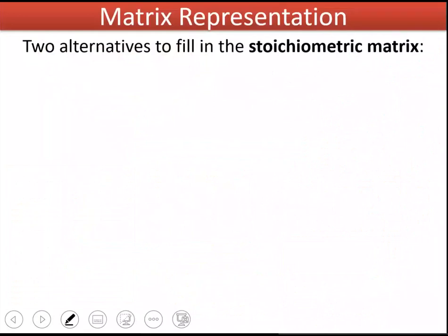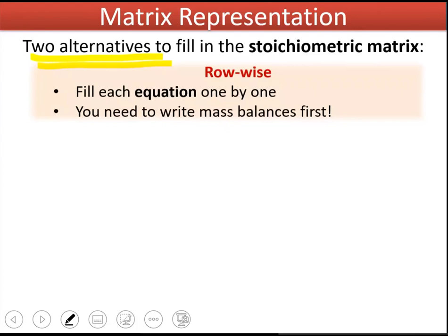There's one more thing I would like to emphasize regarding this matrix representation. Indeed, there are 2 alternatives to fill in the stoichiometric matrix. So far, I have talked about one of them. What we did was to fill the stoichiometric matrix row-wise, right?